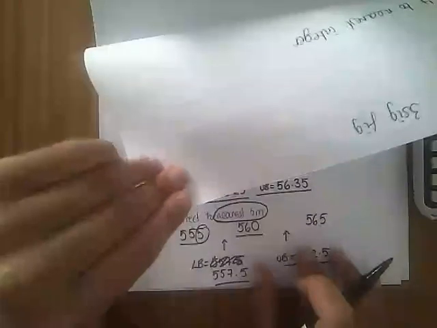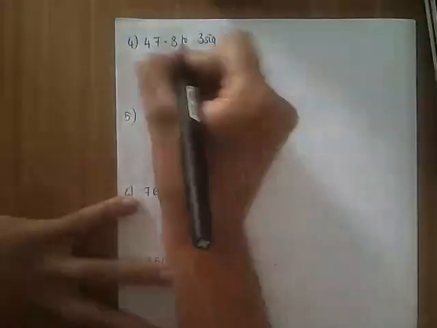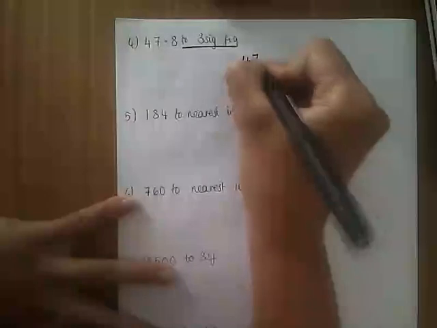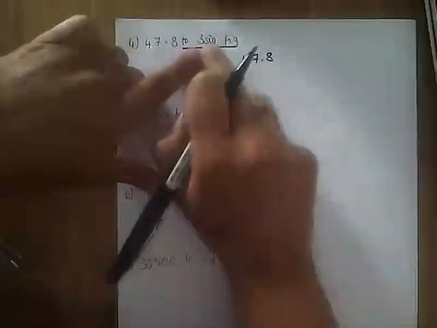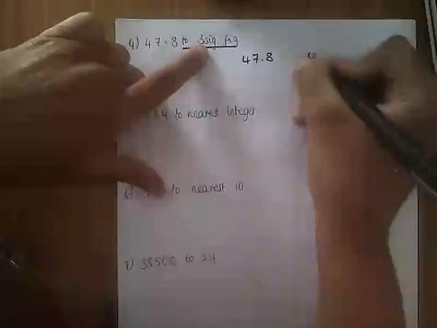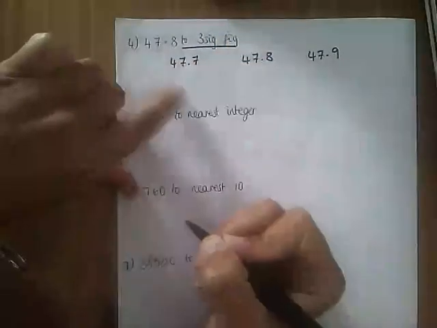We'll keep going though. We're going to do a few more. 47.8 to 3 sig fig. So again, I put the number I've been given in the middle, and I need to go one higher and one lower, but still to 3 sig fig. The higher version would be 47.9, and the lower version would be 47.7.